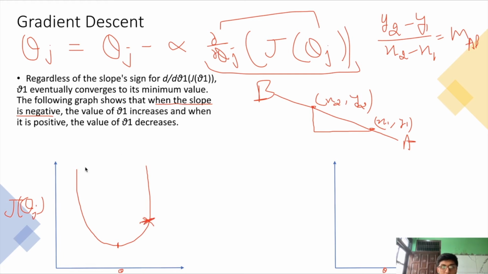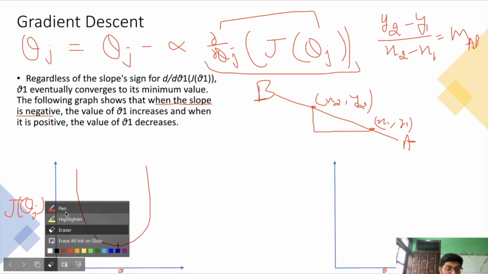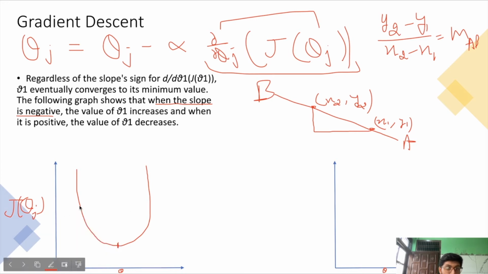Sorry about that, I'm extremely sorry. I plotted it here by mistake, but this says that when the slope is negative, maybe it is going down here.